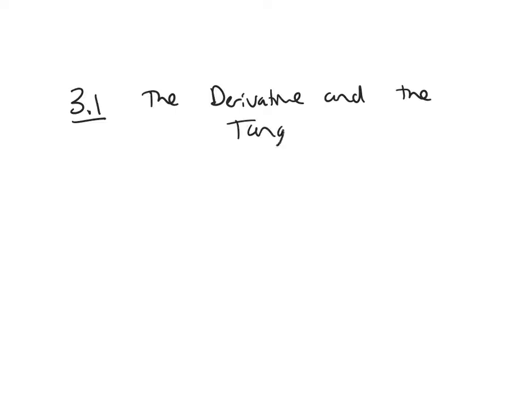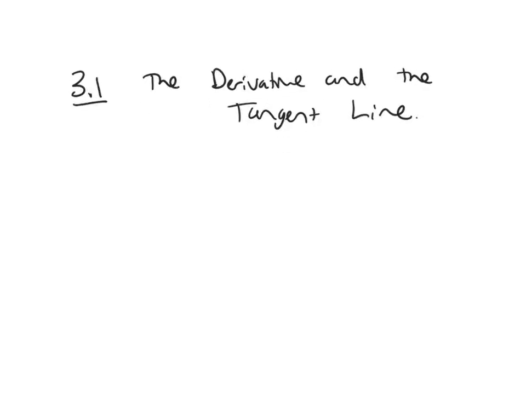We're going to start section 3.1, which is about the derivative and the tangent line. So what I want us to do is get some motivation for this whole section. Let's say I have a graph here of some kind of function.